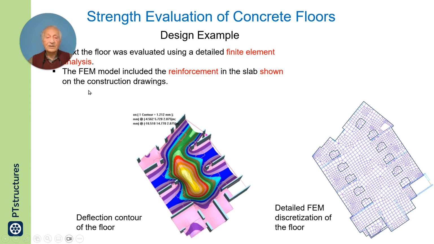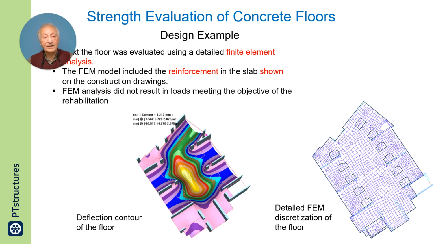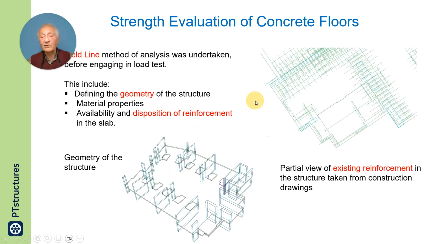Now the software enables you to put the reinforcement in and determine the capacity, and if the capacity doesn't meet the demand, how much more you need. This is all done automatically. FEM analysis did not result in loads meeting the objective of the client. The next was yield line.